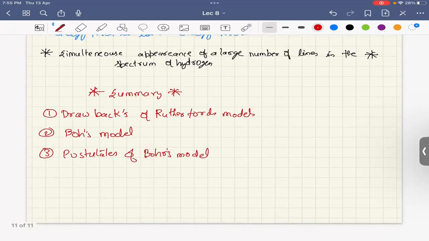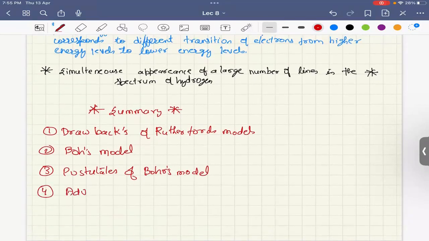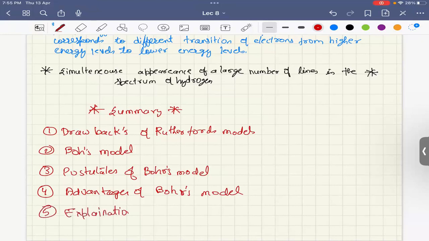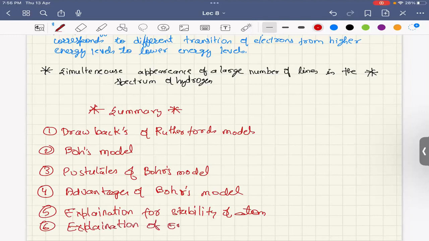Further, we studied the advantages, or how it could overcome the drawbacks of Rutherford's model, how it could explain the stability of the atom and the explanation of the emission spectra of the hydrogen atom.